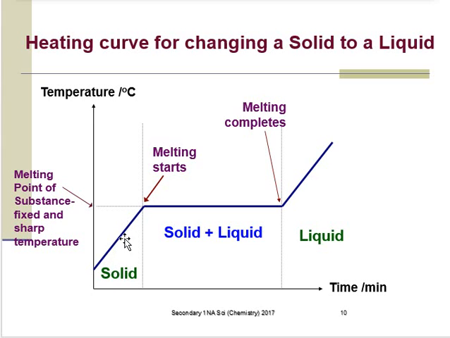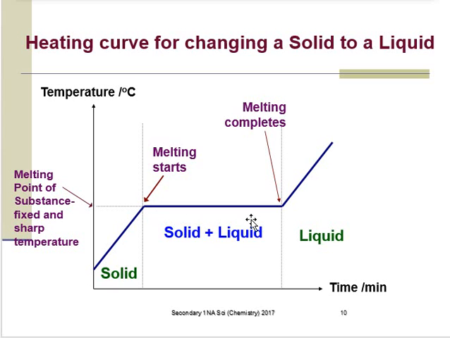Because you know that this is a heating curve for changing a solid to a liquid, you will have the solid at the start. So for part B of the graph, your matter exists in the solid state. As we start to heat the matter, your temperature will start to increase until we reach the melting point of the substance itself.